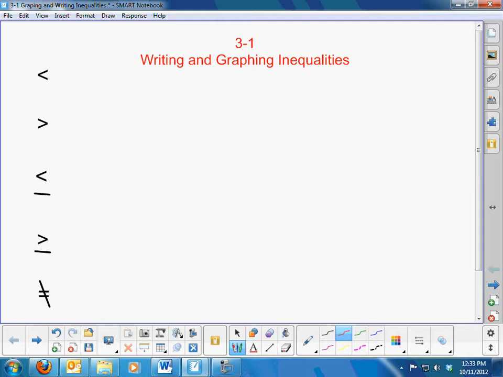So if you look at the screen, the first inequality that you see is the inequality less than. Okay, so you need to know when you see that symbol that that means less than. What's the next one? The next one is greater than. Now, if we look at the next one, you might ask, how is the third one different than the first one?